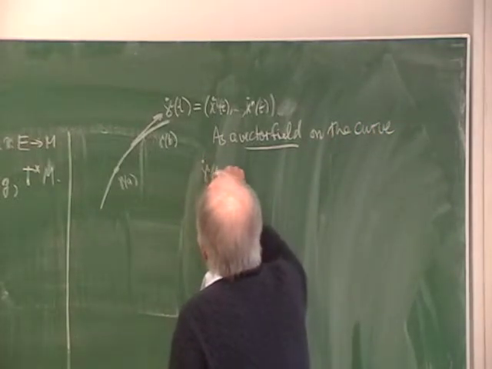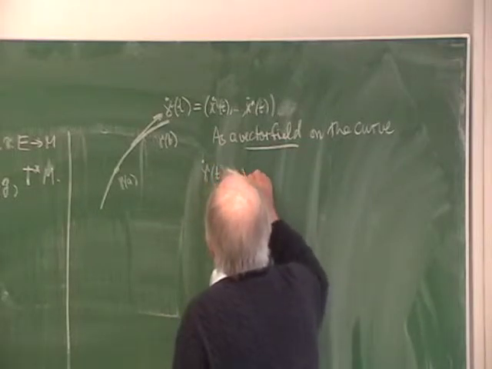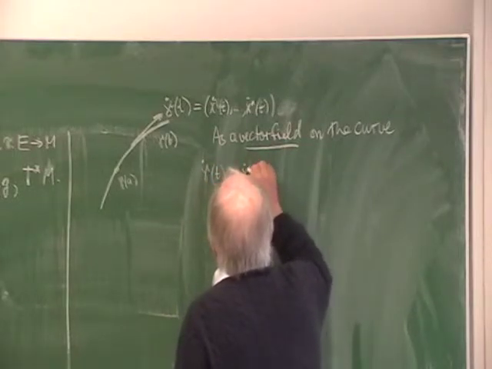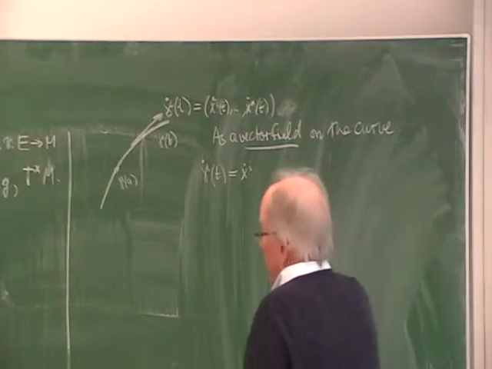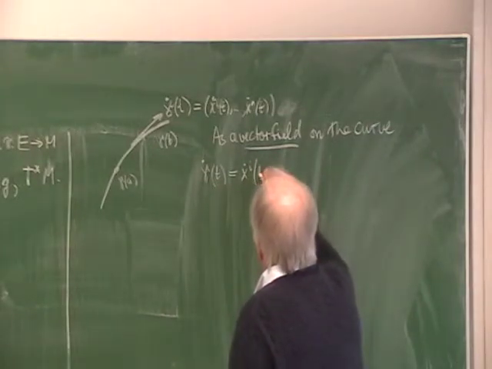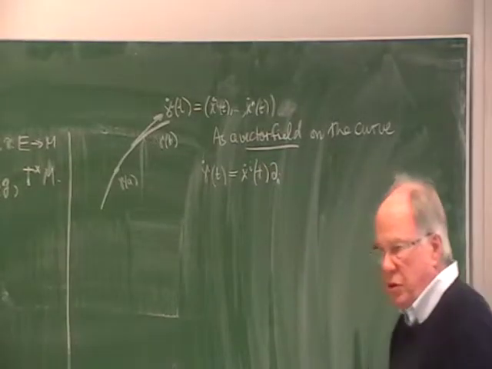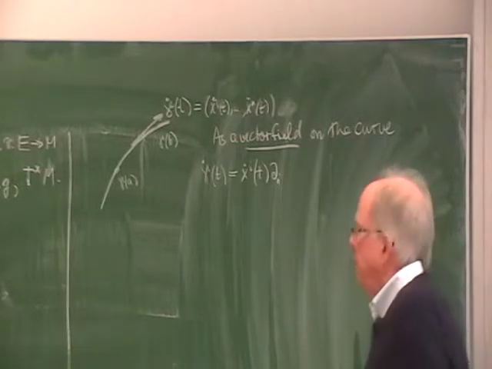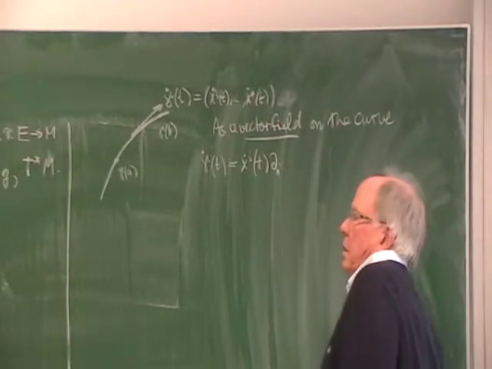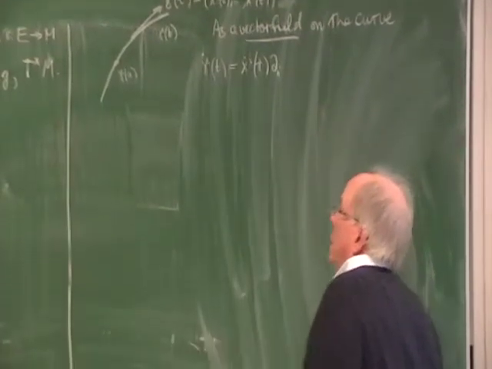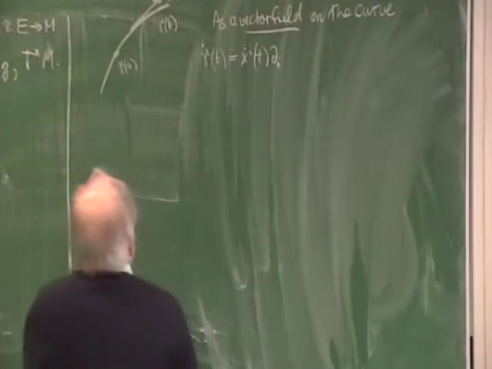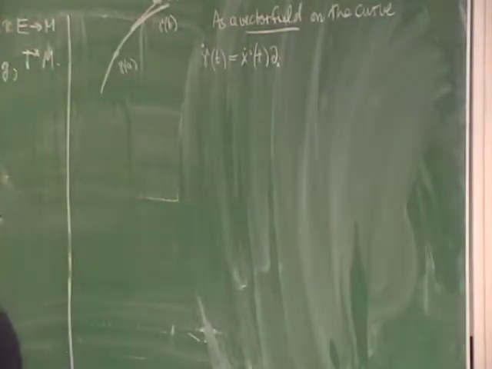Gamma dot of t then is the usual thing, x dot i of t d i, dropping the summation sign always. That's the short notation. Okay, so that's a vector field along this, the velocity vector field along there.